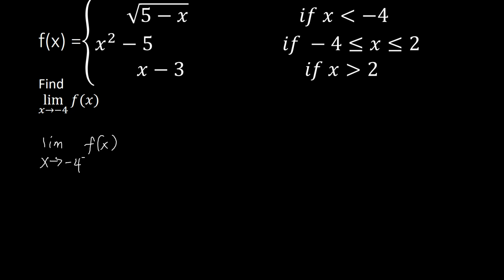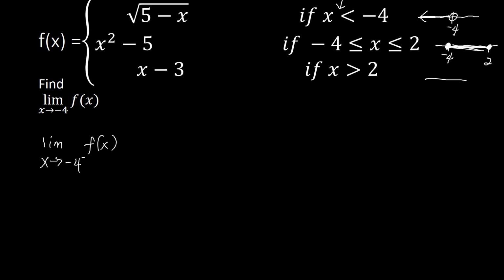So getting to know the values of your domains here, we have negative 4 for this. This is pointing to the left side, so that means we don't include negative 4, but the values towards the left side of negative 4 will be included. On the second function, we have the domain which includes negative 4, and 2 also is part of the values of x, including the ones in the middle.